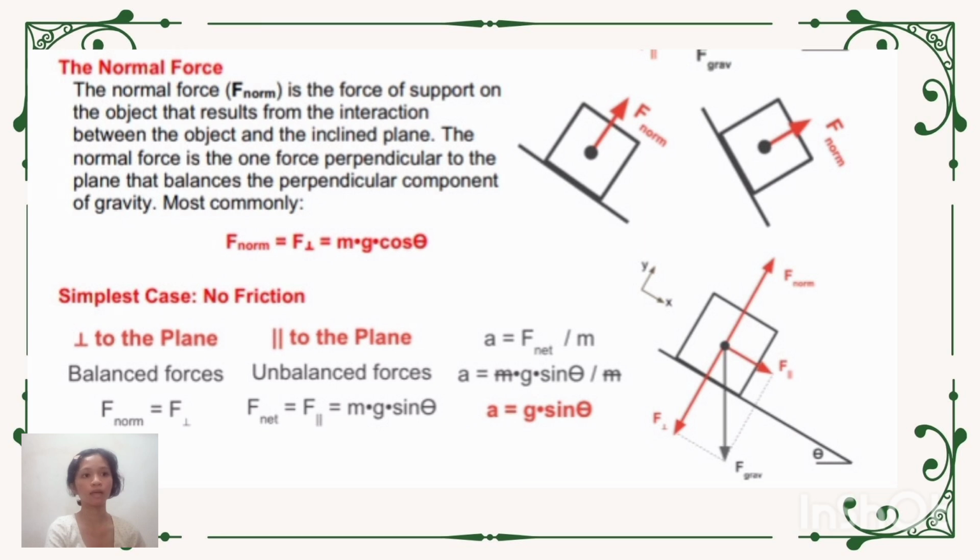Then using Newton's second law, we substitute F net: m times g times sine theta over m. We can cancel out the mass, and all we have left is a equals g times sine theta. So in a frictionless inclined plane, the object's acceleration depends on the angle of the slope and gravity.